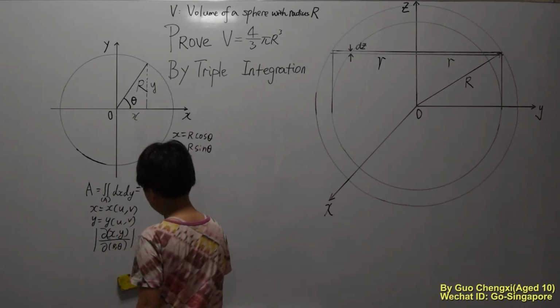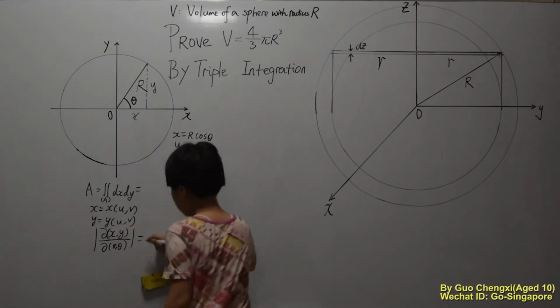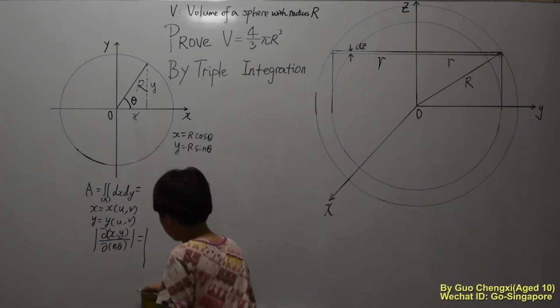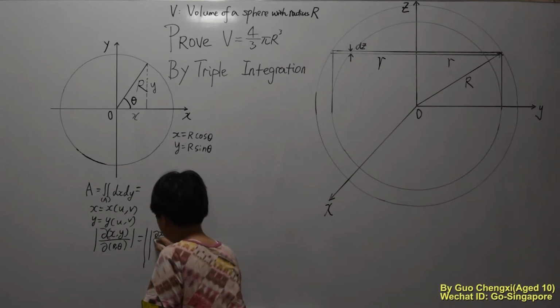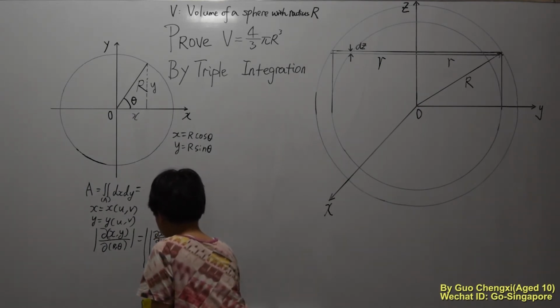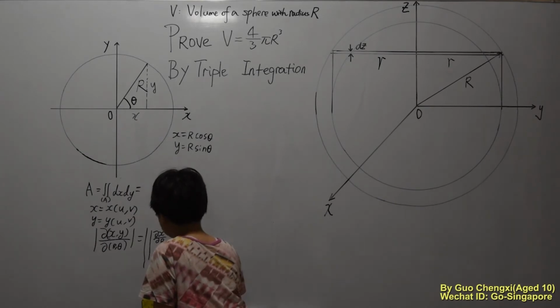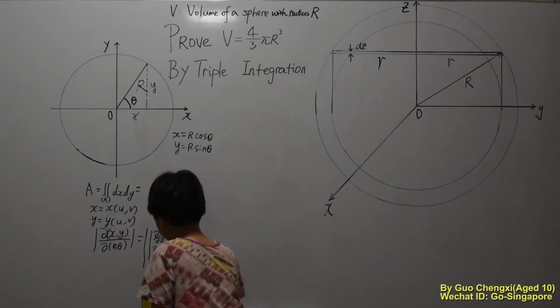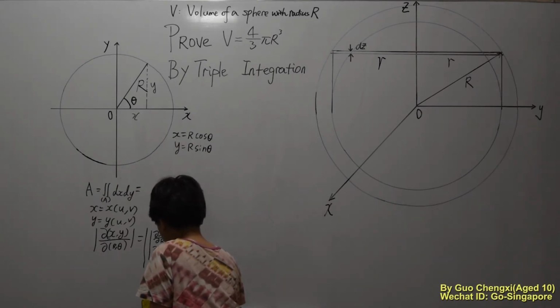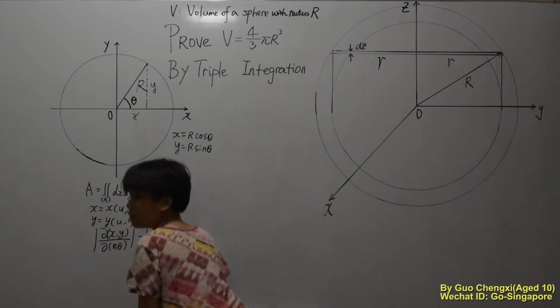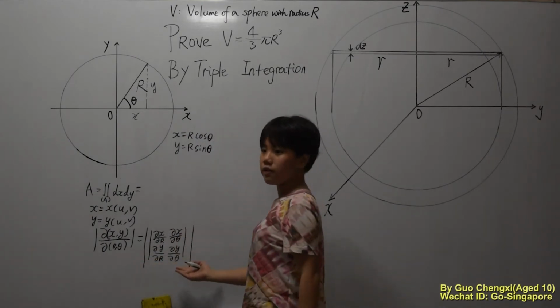Now over here for this part, partial x, partial r, partial x, partial theta, partial y, partial r, partial y, partial theta, like this. Okay?